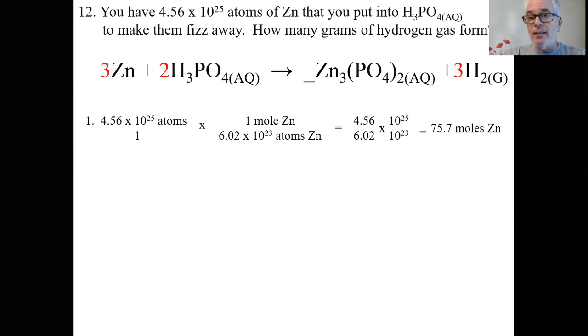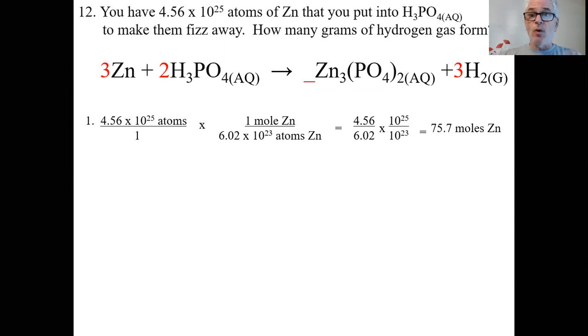Now when you divide 4.56 divided by 6.02, you're actually going to get in your calculator 0.757, but then 10 to the 25th divided by 10 to the 23rd is 10 squared, or 100. So this crazy large number of atoms is really 75.7 moles of zinc. A different way to say this number of atoms is to just call it 75.7 moles of zinc.